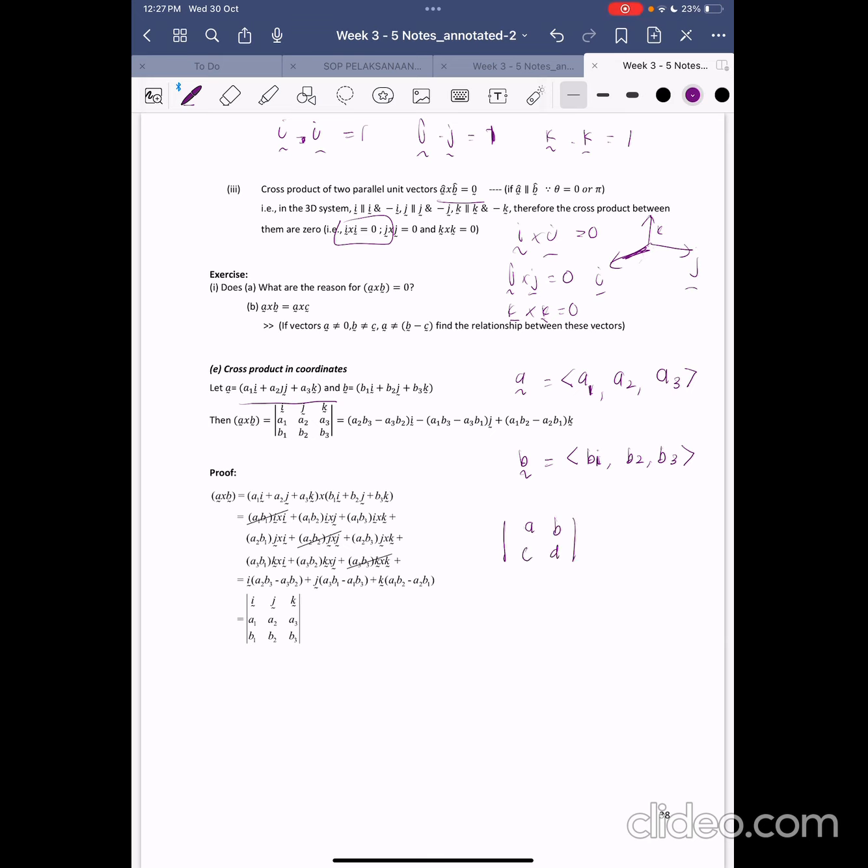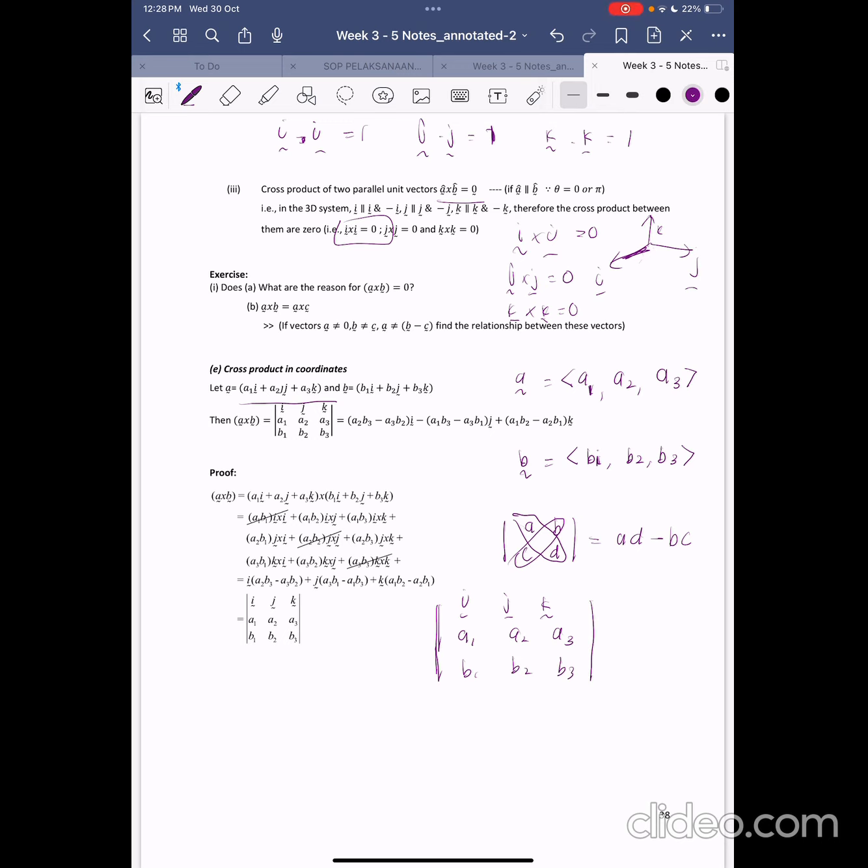To find the determinant, you multiply these two, which is AD, minus the multiplication of B and C. Same concept with this. Now we have the 3 dimensional I, J, and K. The components of A are A1, A2, and A3, and of B are B1, B2, B3. You find the determinant.